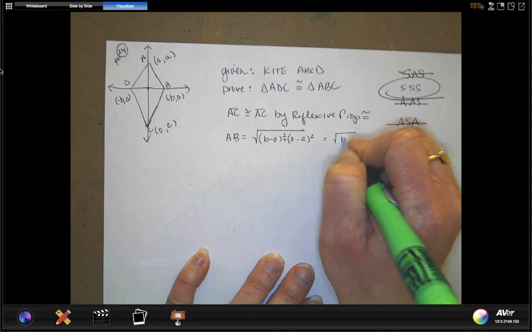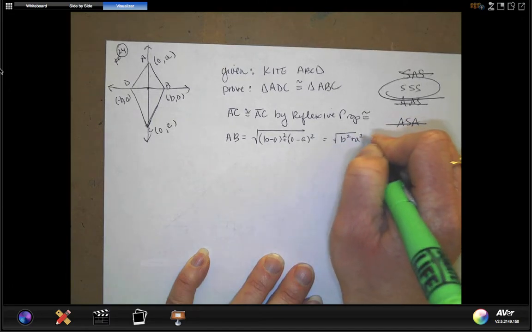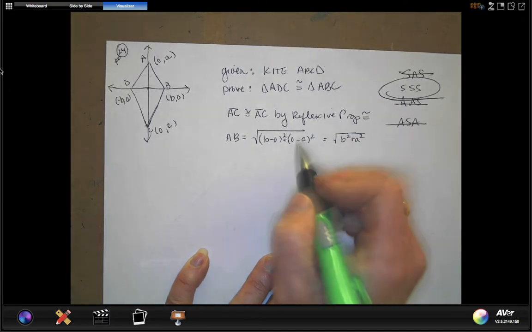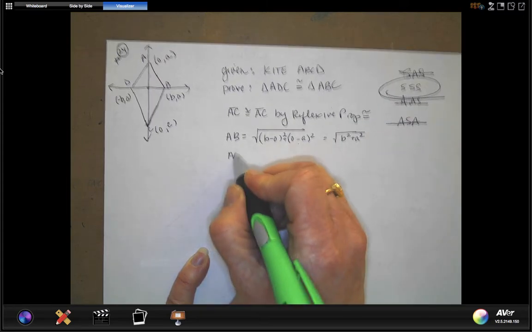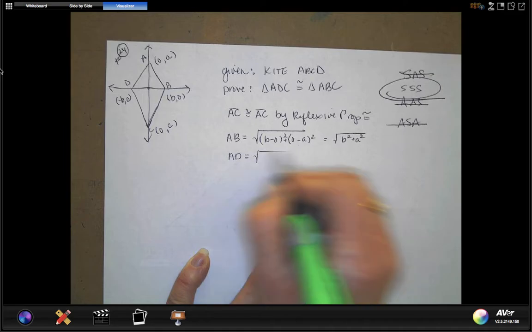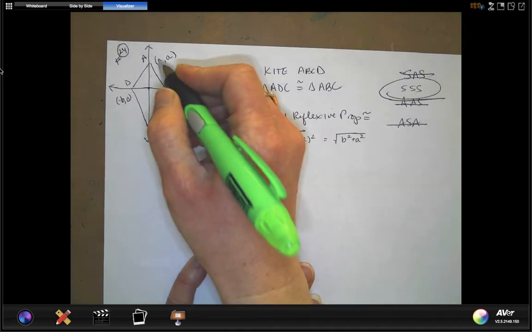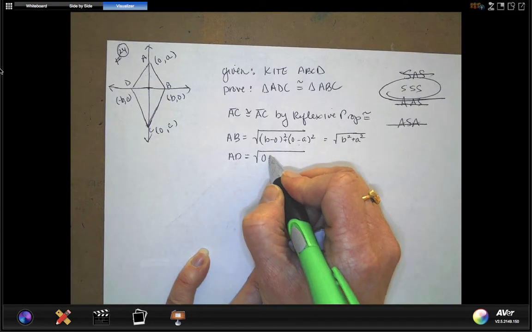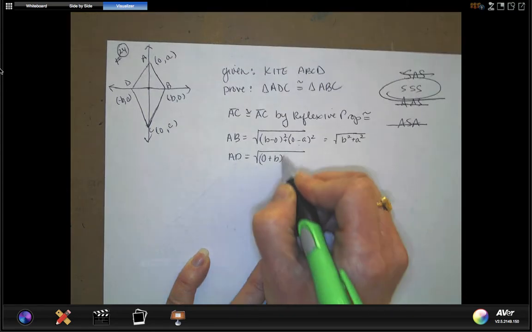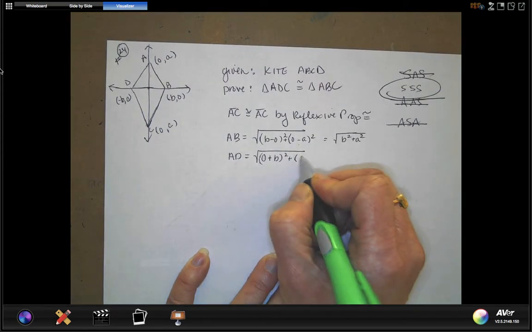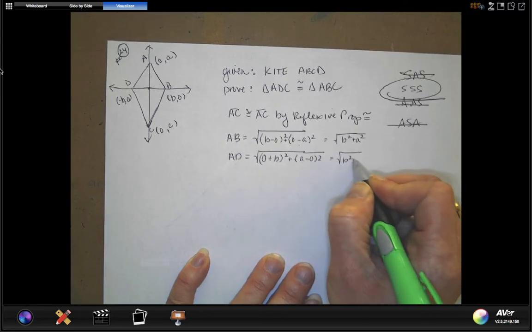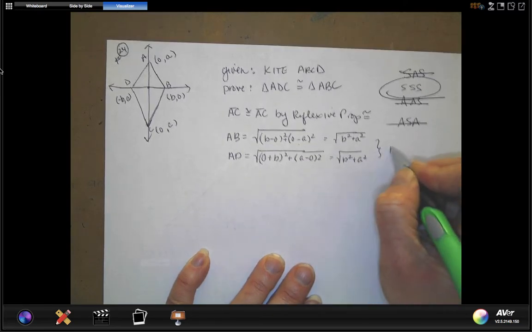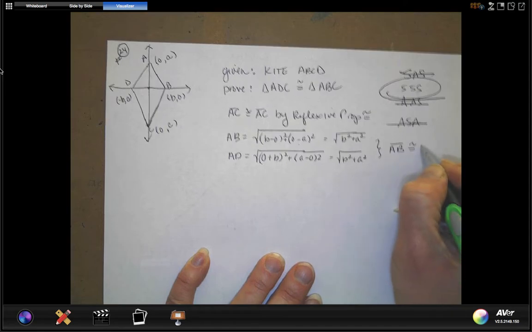So I end up with B squared plus A squared. Again, negative A squared, a negative times a negative makes a positive. AD, if I do right minus left, 0 minus negative B is going to be plus B, and then A minus 0. So again I have B squared plus A squared. This tells me that AB is congruent to AD.